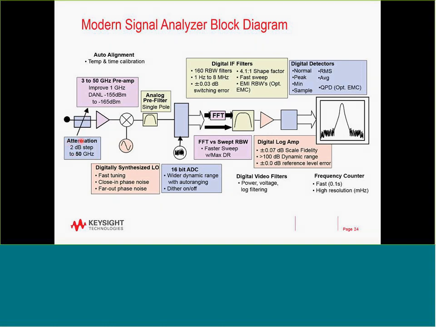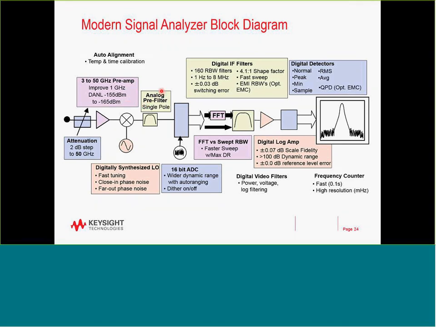The old ones had something like 10 dB steps, which only gives you a coarse setup to optimize the signal at the mixer, and we'll see later on why that's key. We actually go from 3 gigahertz up to 50 gigahertz, with a noise level of minus 163 dB per hertz at 1 gigahertz.